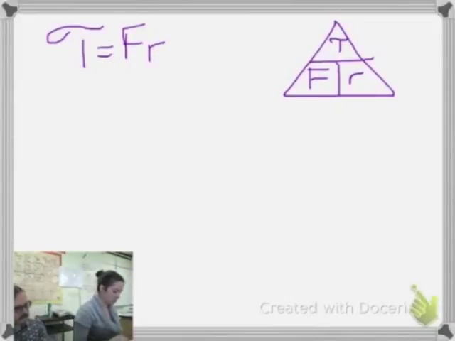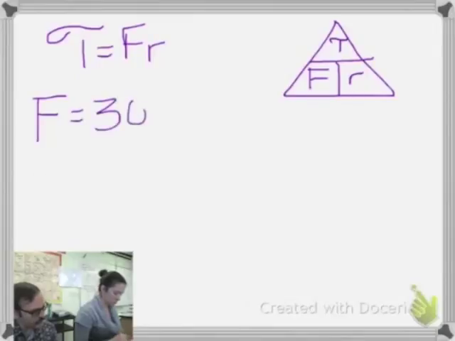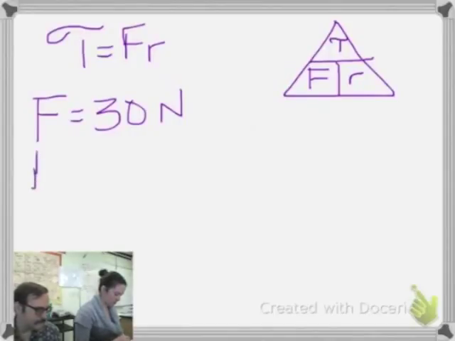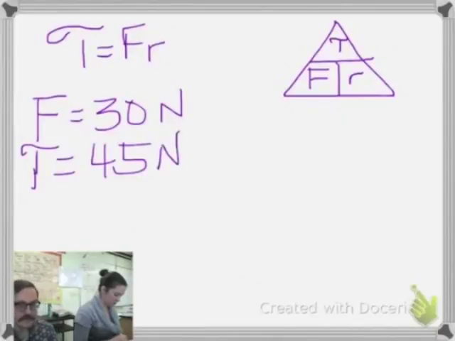We still have the same formula, same triangle. Let's list what they give us. They give us 30 newtons, which is our force, and 45 Newton meters, which is my torque. So we're solving for how long the string is, which is our radius.